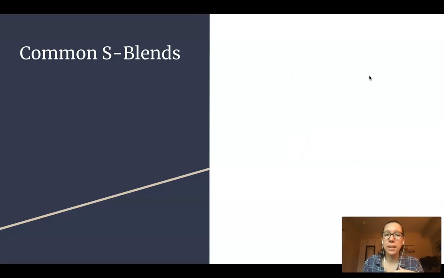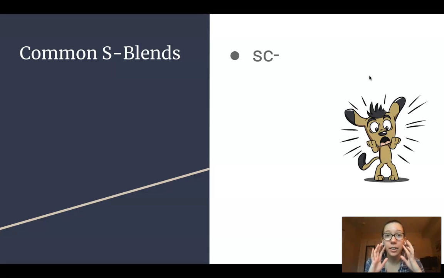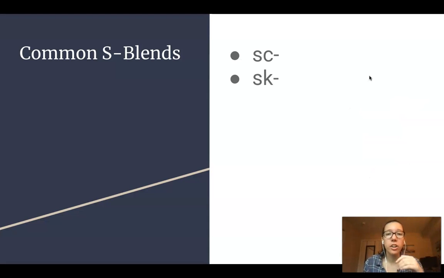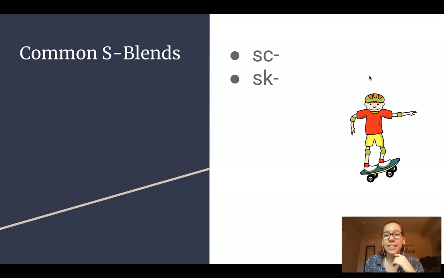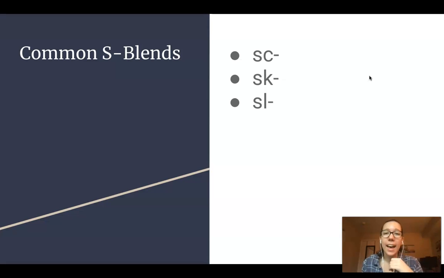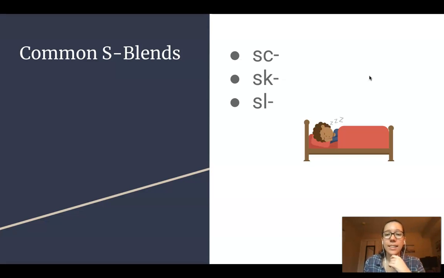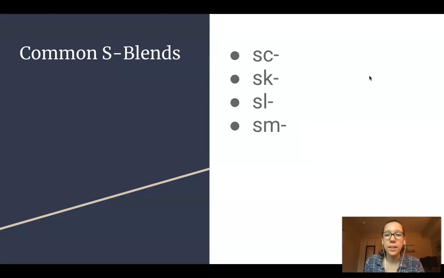So some common S blends that we're going to be looking at today are SC. It says sk, as in scared. SK, which also says sk, as in skate. SL, like we just talked about, which says sl, as in sleep. Sleep has sl at the beginning.